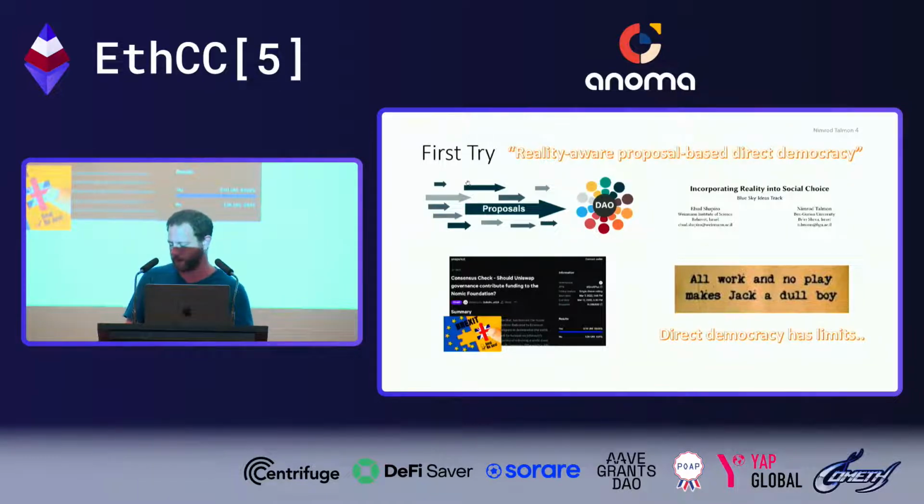So what we need to deal with is the conflict between the desire to make many proposals, to make the DAO alive and flexible in its governance capabilities, and the limited time that people actually have to devote to participation in such decision-making processes.